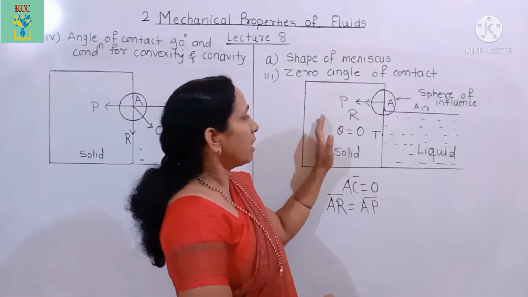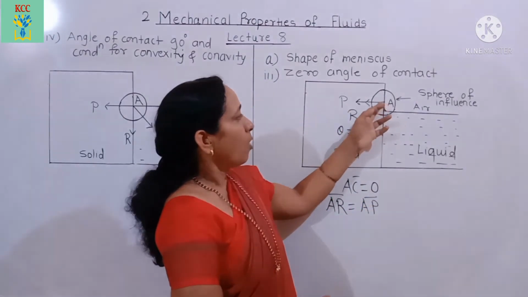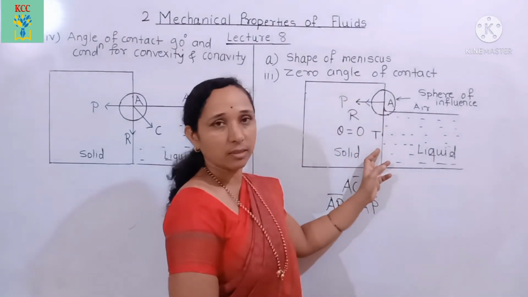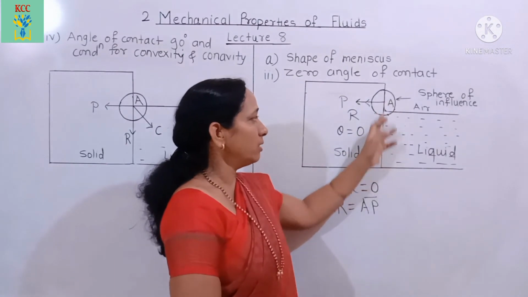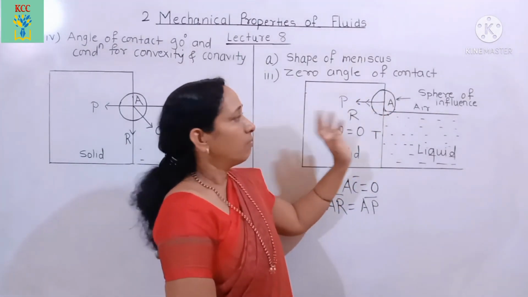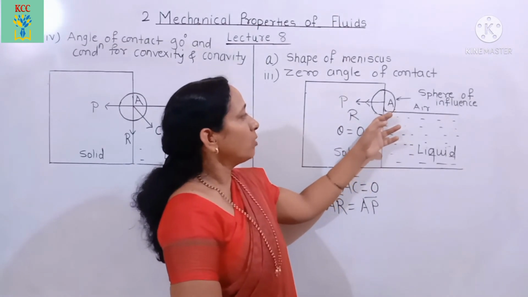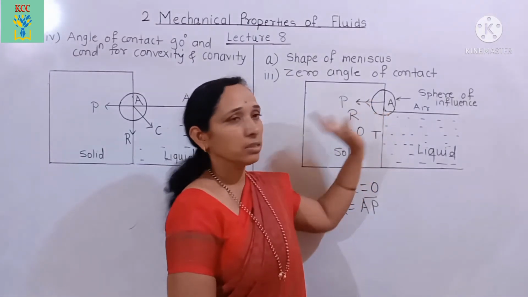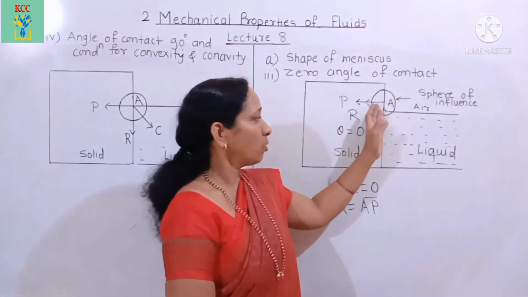And due to this, for this force to become normal to the tangent, this is the tangent AT, and this force is the normal. And therefore here the molecule completely wets this solid.